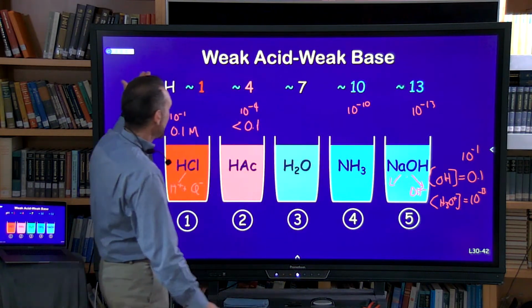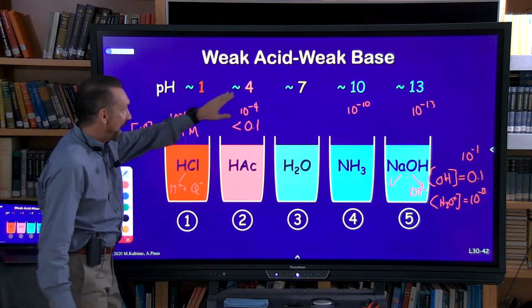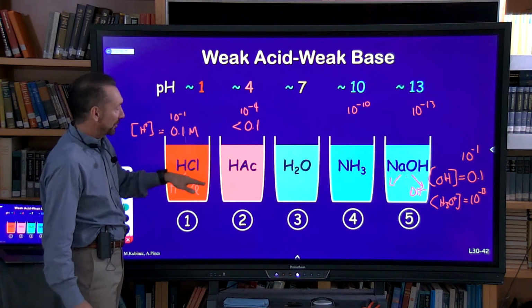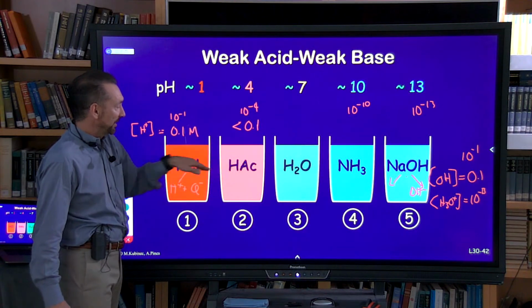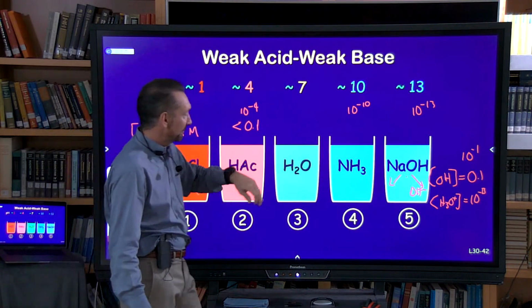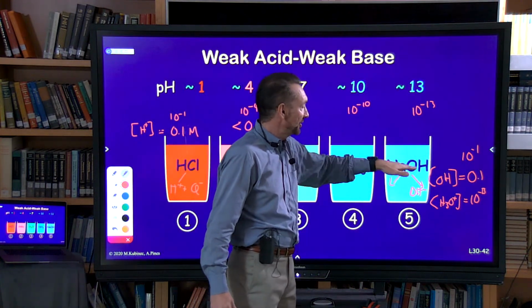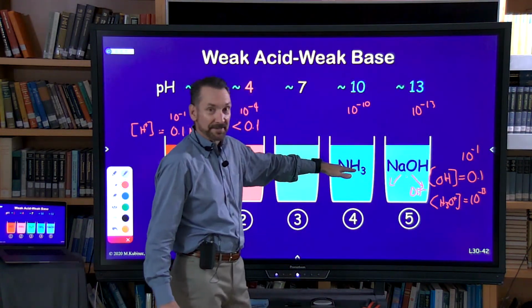So we understand all those numbers. We understand why this one has the lower pH than this one, because that's the strong acid, that's the weak acid. We understand why this has the higher pH, strong base, weaker base.